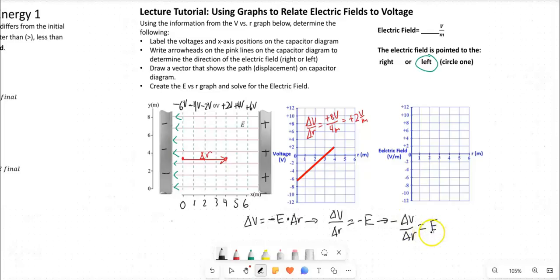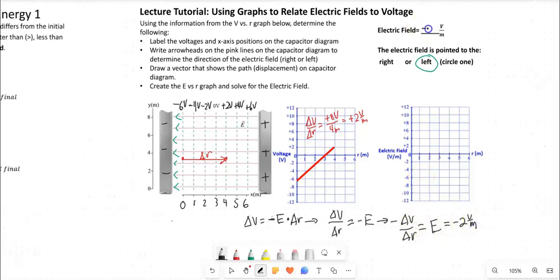We just solved for delta V over delta R, which we found to be positive 2 volts per meter. But we have to multiply it against a negative. So the electric field is equal to negative 2 volts per meter.